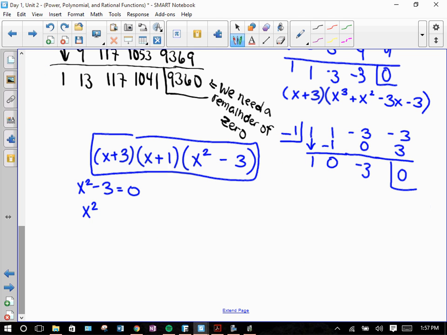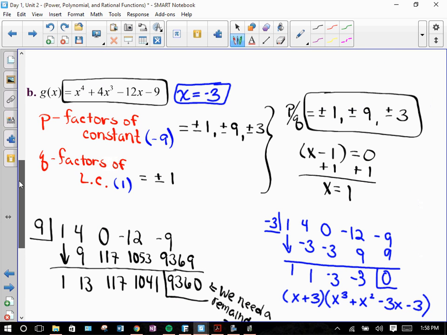X squared equals 3. I take the square root of both sides, I get x equals plus or minus the square root of 3. Is the square root of 3 rational? Irrational. That might be why that did not show up.